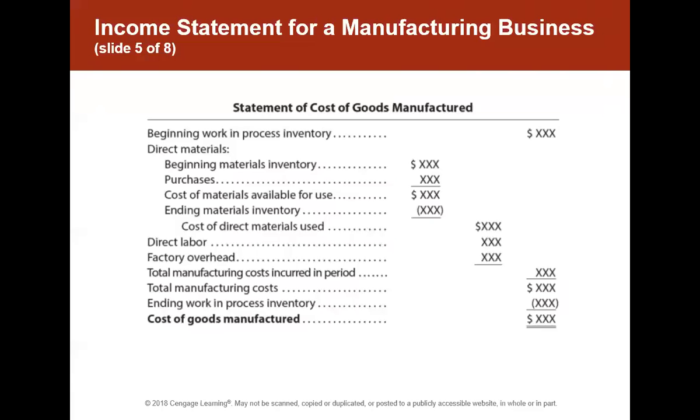Total manufacturing costs minus what's still in work in process, because it's not finished, right? So we subtract it out, and that gives us our cost of goods manufactured. So we're really balancing our materials and then balancing our work in process to calculate what's transferred out. It's really just about cost flows. Any questions on that?